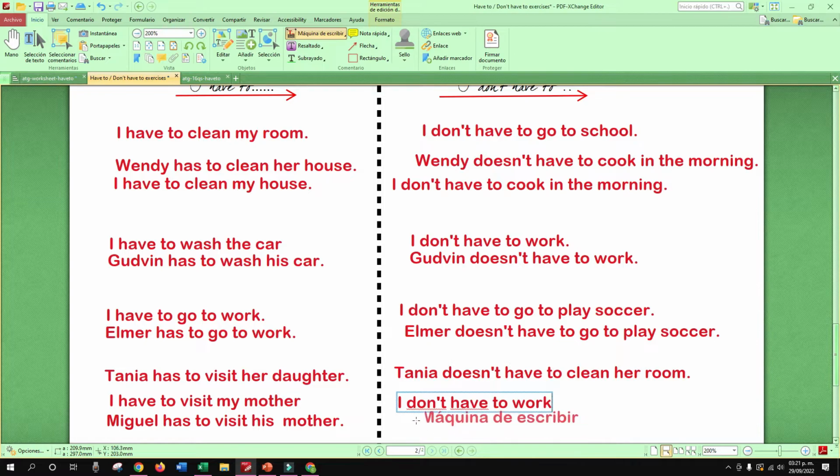Look, ve aquí, Mr. Miguel, le había hecho falta el auxiliar, tenía el don't, pero le faltaba el modo. Have to, right? I don't have to work. Or you can say, Miguel doesn't have to work, right? So there you have the examples, guys.